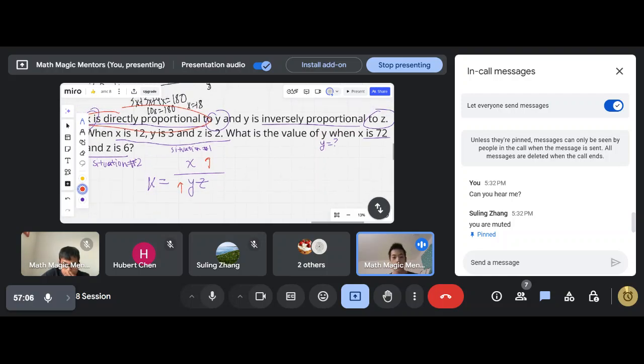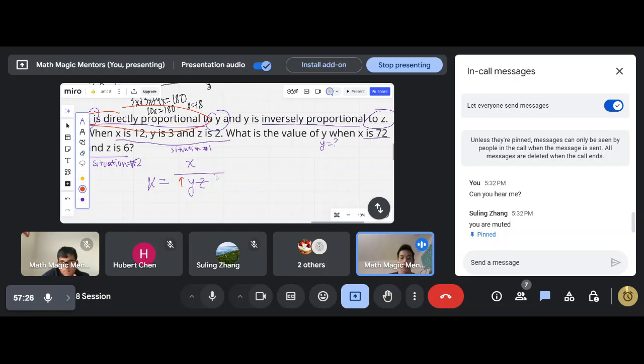Now y is inversely proportional to z. So what does that mean, right? yz is a constant. y and z multiply to one constant. So let's keep x fixed. What happens if you increase y?